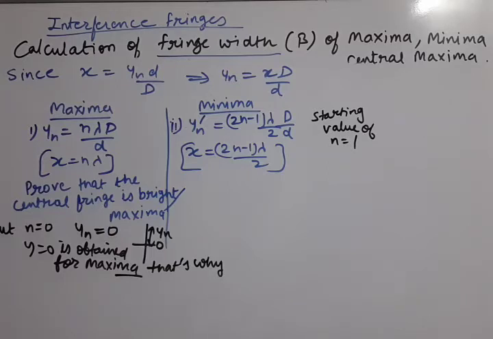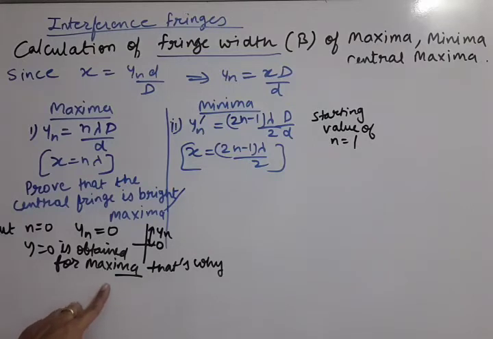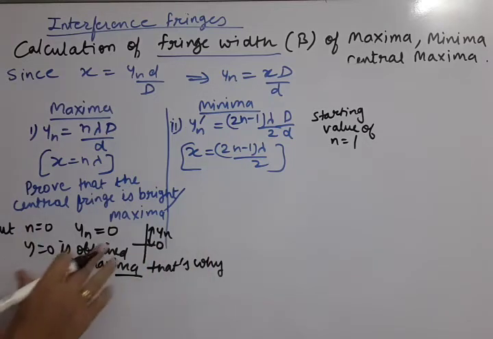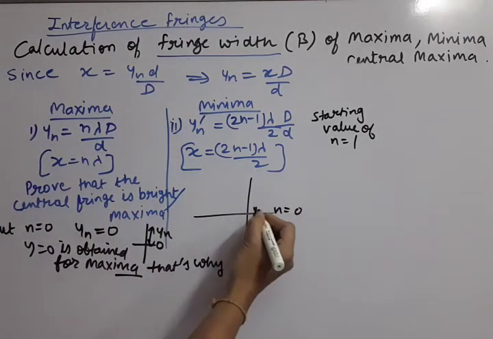Okay, after that now we have to take formulas for first bright or first dark, second bright or second dark. So let us start how to make the formulas. y0 is assigned for the central, that is n equal to 0 or y equal to 0.